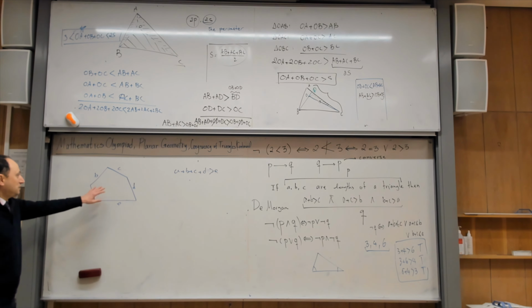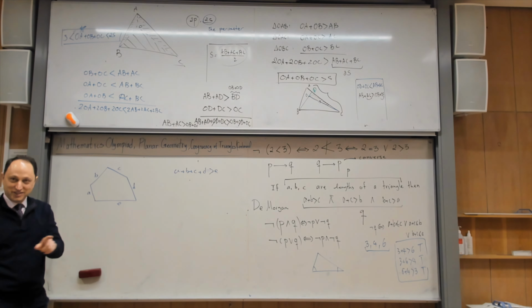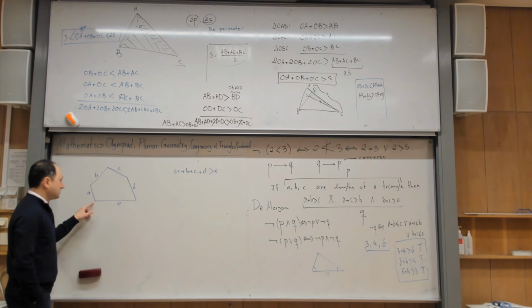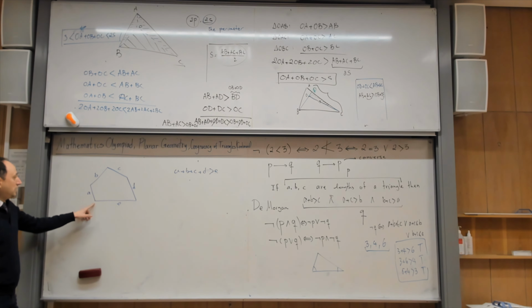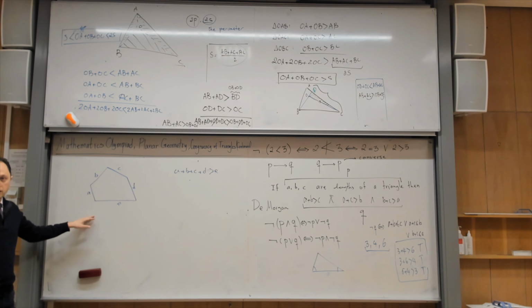The reason that I got interested in this is that polygon line we were discussing, and by the way, I haven't solved that problem for you yet. I remember that. But why is A plus B plus C plus D larger than E? Why do you think it is?